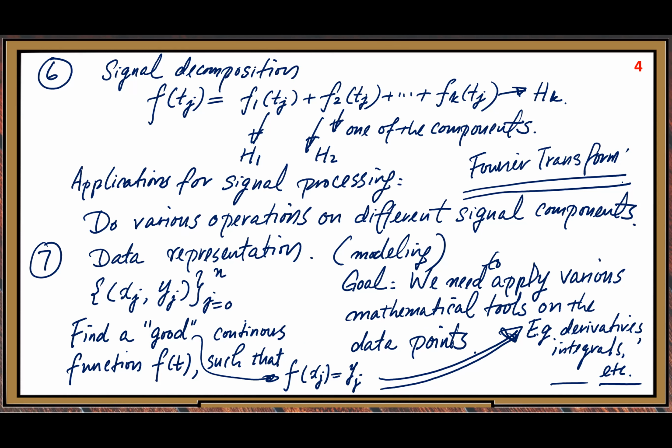So at the modeling step, we need to find a good continuous function, f of t, such that f of xj equals yj.